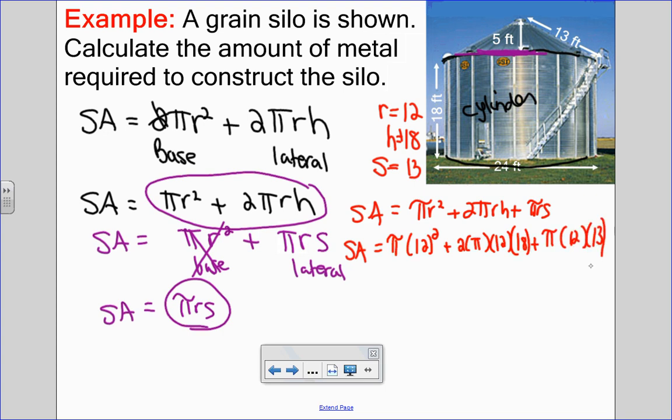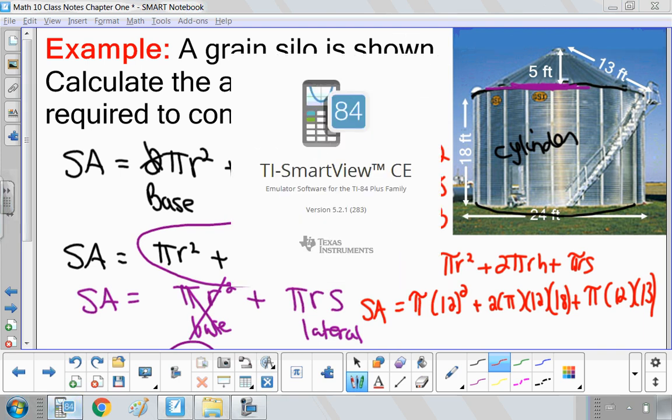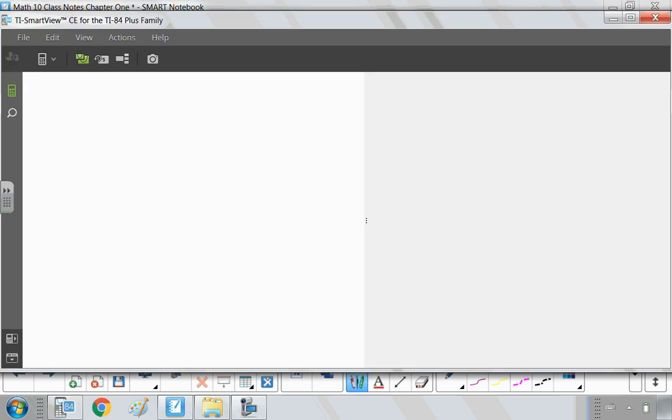Now you can put that whole thing into your calculator in one keystroke. So let's just look at that so you guys know how to do that. I'll just open up my calculator, and it's nice to do it all in one keystroke so that you don't make any silly rounding mistakes.